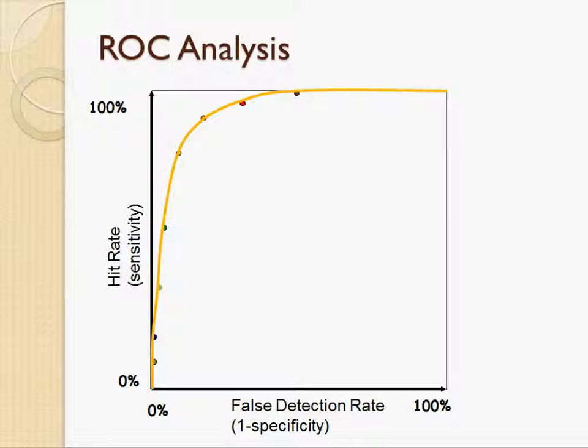From the curve, we can see that as the threshold increases, the hit rate is increasing, while the false detection rate is also increasing. But ideally, the best optimization is to find the threshold that gives the left top corner where the hit rate is 100% while the false detection rate is 0%. That is the ideal case, but in reality, this cannot be achieved.